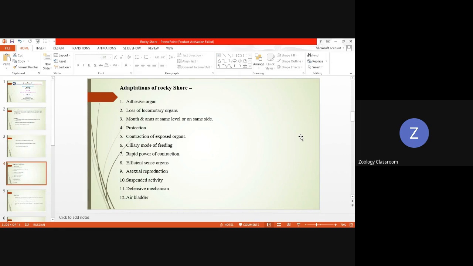So they have a rapid power of contraction if the animal is disturbed, or if it senses any danger. The next one is the efficient sense organs. Now, the sense organs are much better developed in the case of these tuberculous annelids and mollusks.